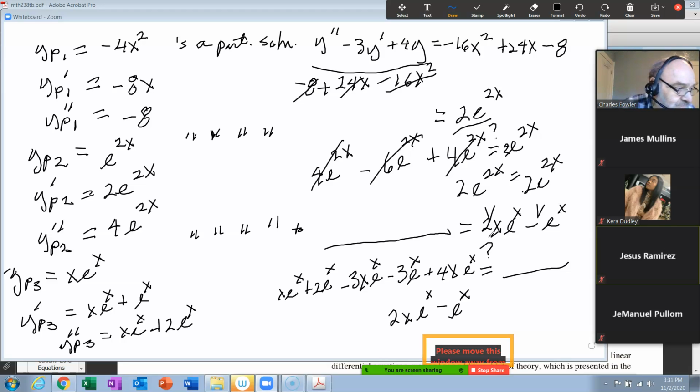Okay, now we have shown that the first particular solution works for this right hand side. The second particular solution works for that right hand side, and the third particular solution works for that right hand side.